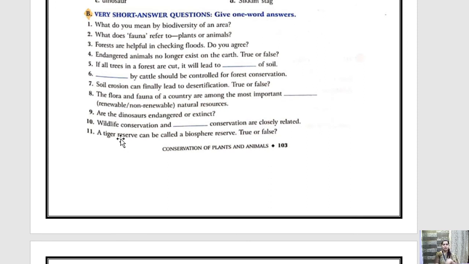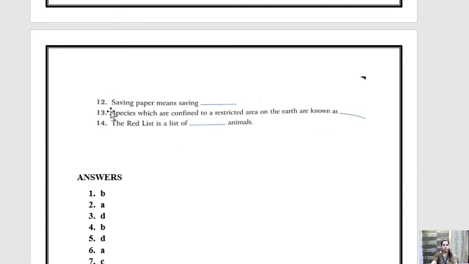This tiger reserve was, children, launched in 1973. Yes, under which project? Project Tiger. So today we have 40 tiger reserves. So a tiger reserve can be called a biosphere reserve. That is true.